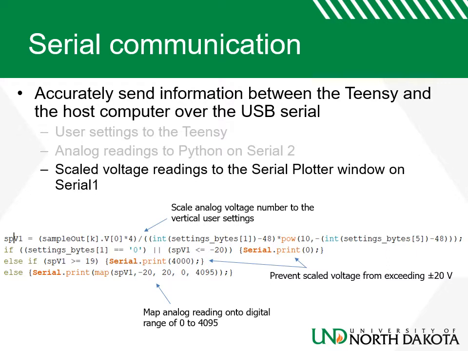Second, to prevent the scaled voltage from exceeding plus or minus 20 volts so that the screen won't be jumping around or giving data that was exceeding the capabilities of the scope. And then finally, to map the analog reading that was scaled to the digital range of 0 to 495. And that digital range is from the 12-bit number that has come in from the ADC.